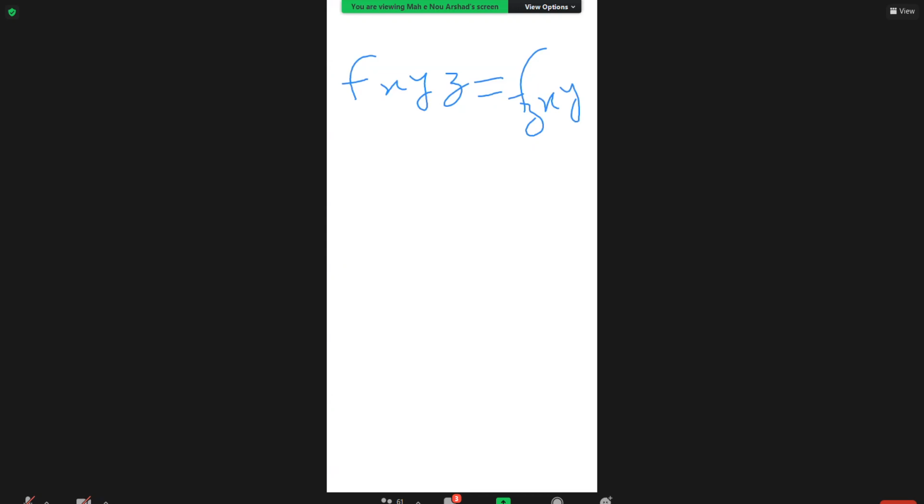So firstly you will compute this one, then you will compute this one, and then you will equate both of these. How to compute this one?